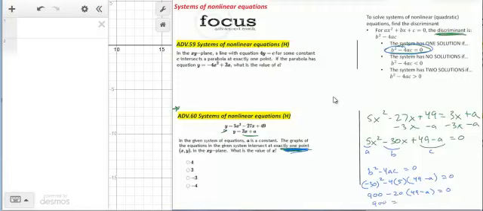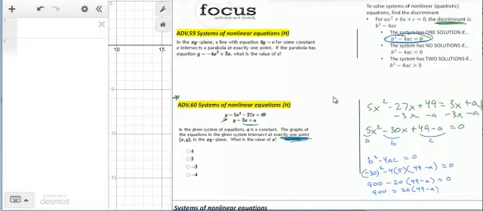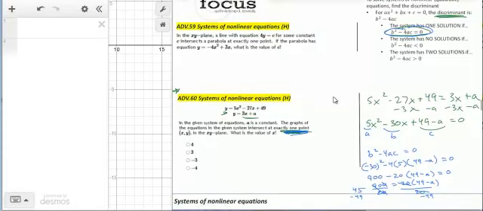So I'm going to add 20 times 49 minus a to both sides. That's just going to make what I have to do a little bit easier, because now I can divide by 20. The factors of 10 cancel. 2 goes into 90 45 times. And then I can subtract 49 from both sides. When I subtract 49, I get negative a is equal to negative 4. Change my signs.